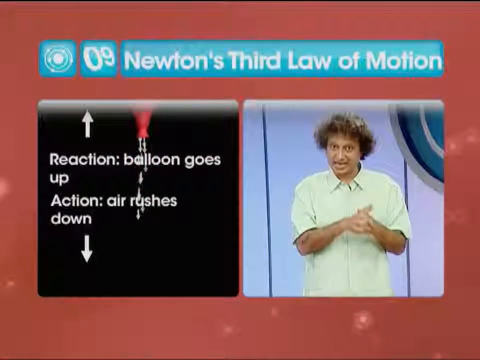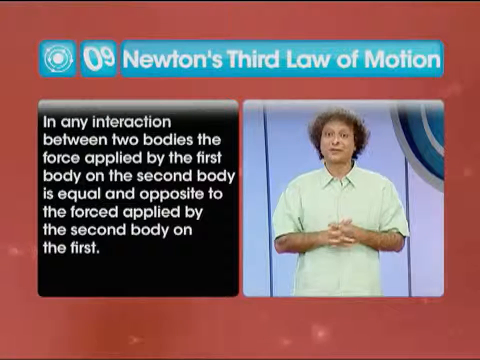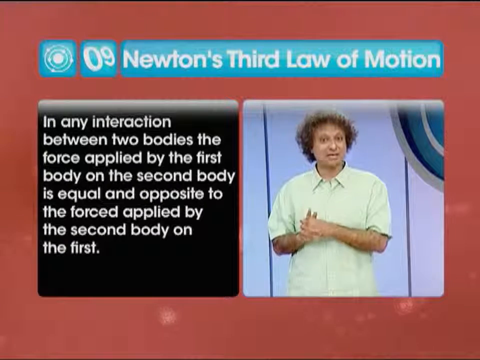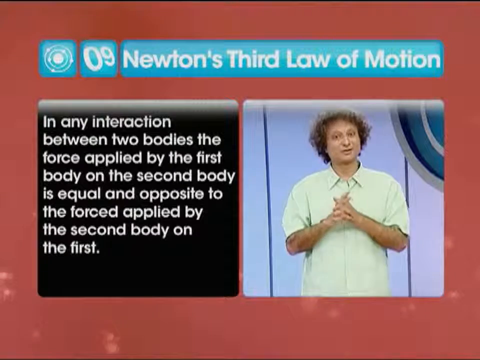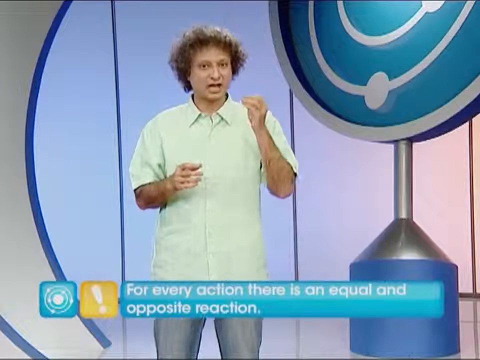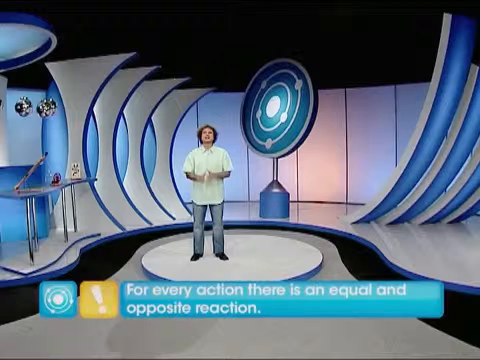Newton's third law states, in any interaction between two bodies, the force applied by the first body on the second body is equal and opposite to the force applied by the second body on the first. Essentially, this means for every action, there is an equal and opposite reaction.